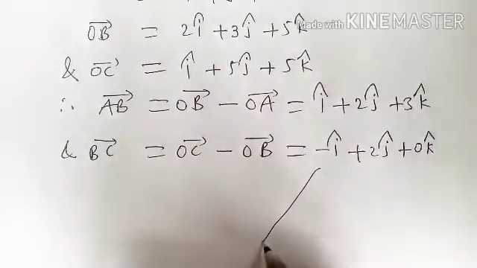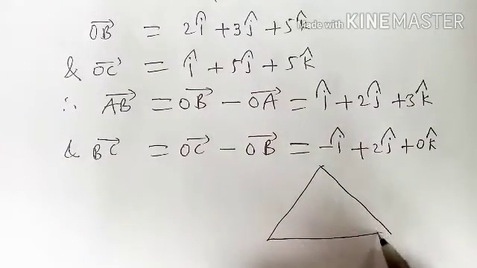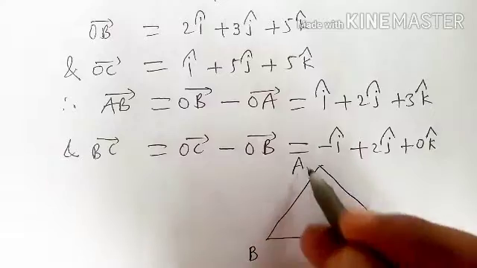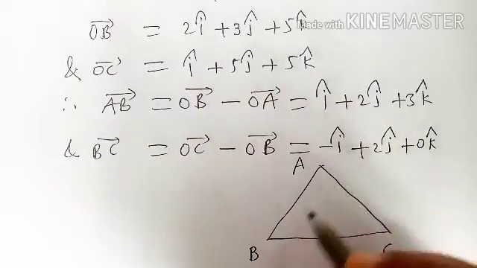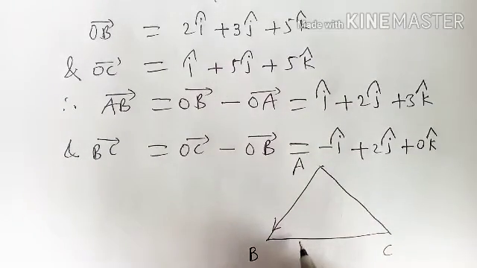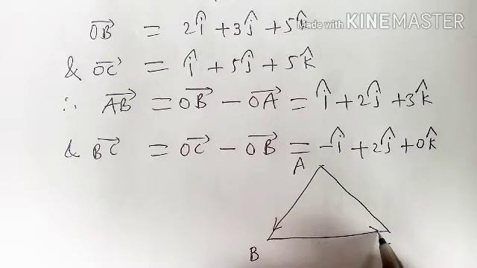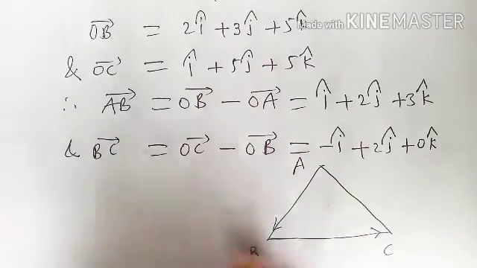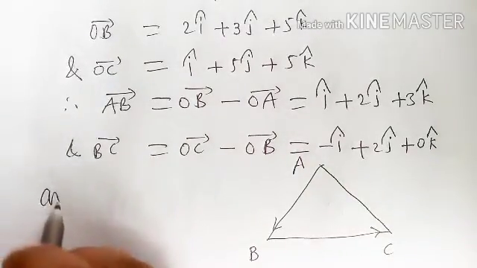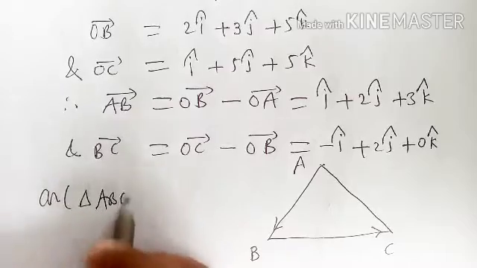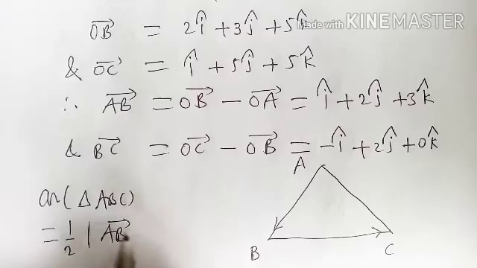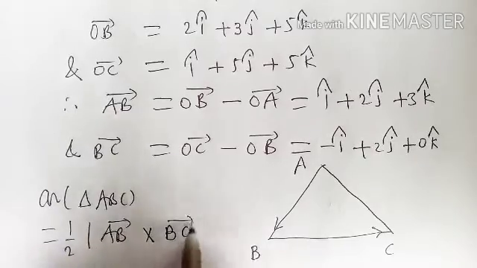We know that if in a triangle this is vector AB, this is vector BC, then we have area of triangle ABC is equal to half into magnitude of AB cross BC.